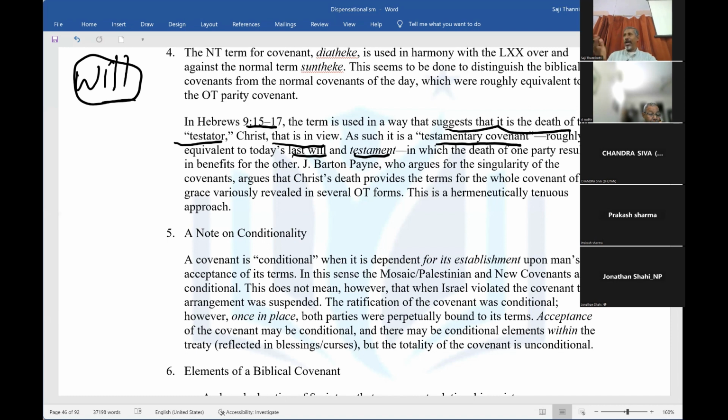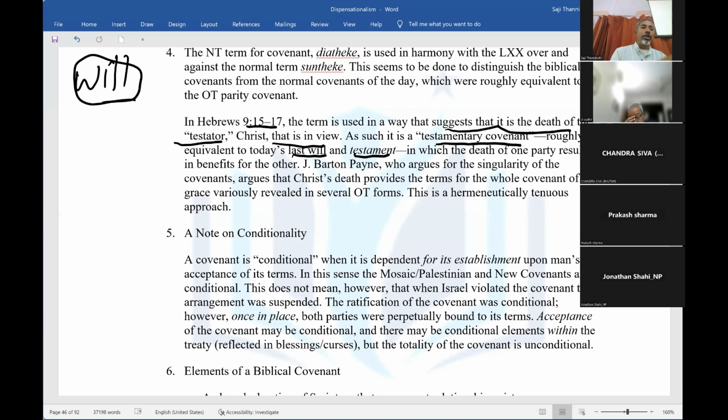If you know what happens in our culture, after my death, my property will go to such and such persons, maybe my daughter, maybe my wife, and if I don't have children or I'm alone, my property will go to such person, this charity or whatever.